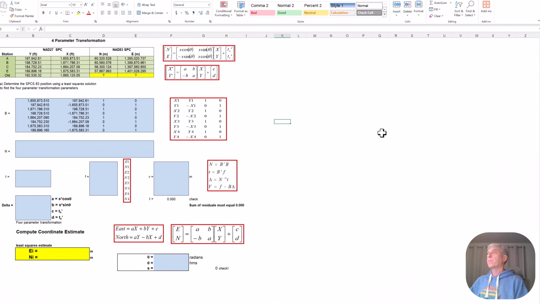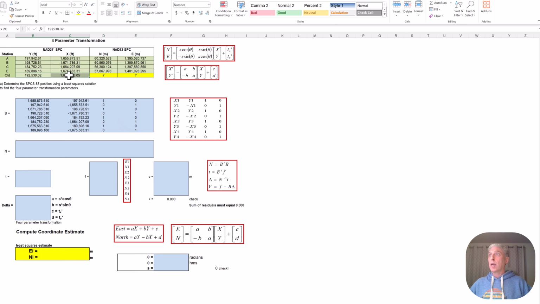So now let's do an example. I have a spreadsheet. I always have a spreadsheet, right? Now what I've done is I've gone ahead and filled in our example coordinates, and much like the vertical conversion, we have 4 sets of coordinates that are known in both datums.